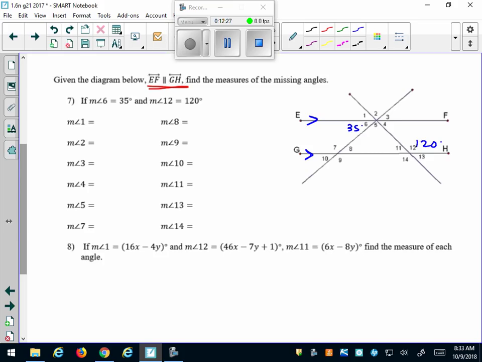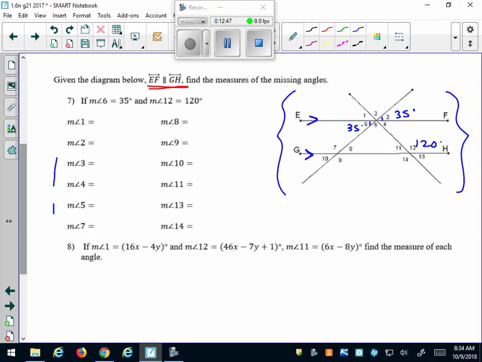So in a case like this, I would work off the diagram before I go trying to answer all these questions. Just fill in what you think you would know here. If you know these lines are parallel, if this is 35 degrees, angle 6, then a vertical angle to that would be 35 degrees also.